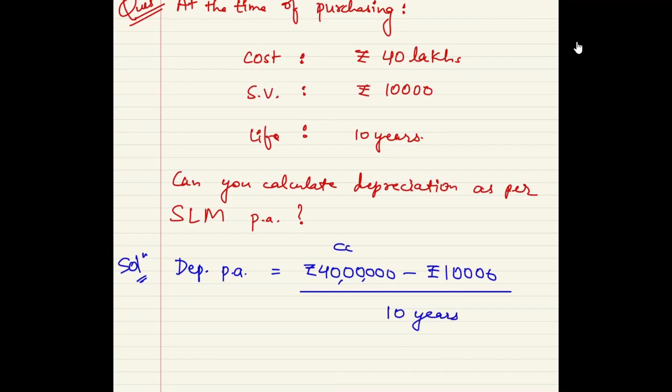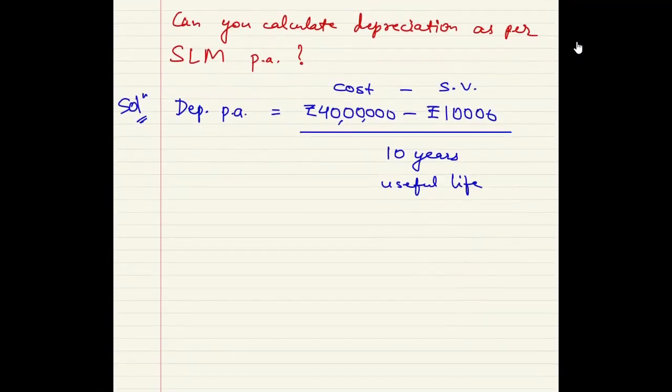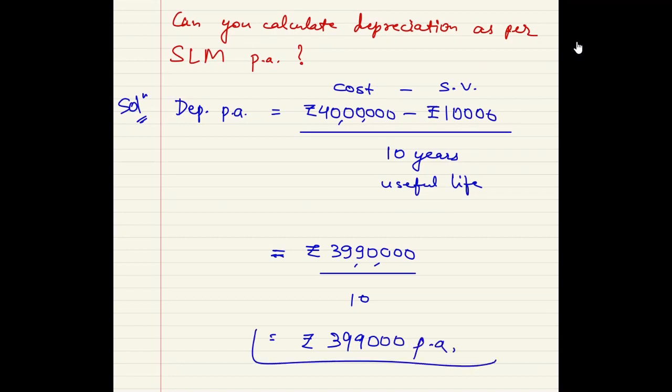So this is the cost minus scrap value divided by the useful life. That is the formula which I am using to calculate the depreciation per annum. From this formula, the yearly depreciation would be 39 lakh 90,000 divided by 10, that would be rupees 3 lakh 99,000 per annum.